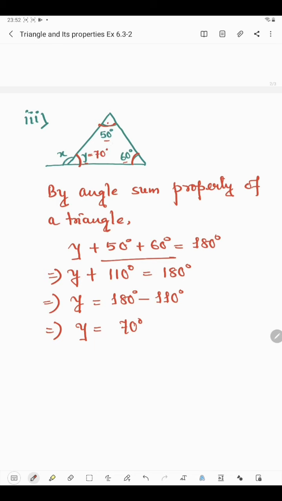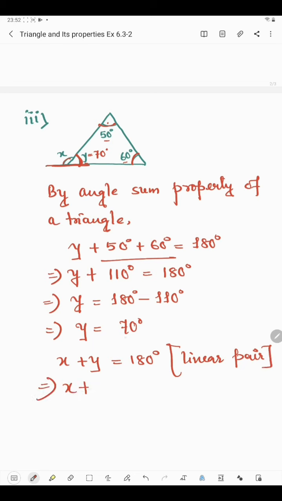Now we can see that x and y make a linear pair because they form a straight line, right? So we'll write x plus y is equal to 180 degree, and we will have to write the reason here: these two angles form a linear pair. So here x we don't know, so x will remain the same, and the value of y is 70 degree.